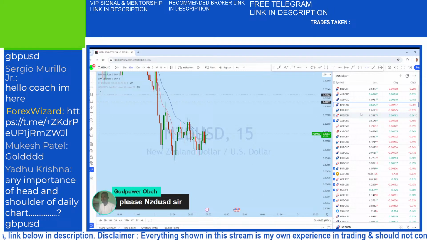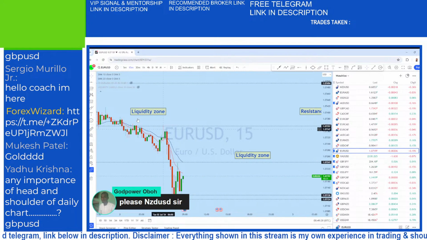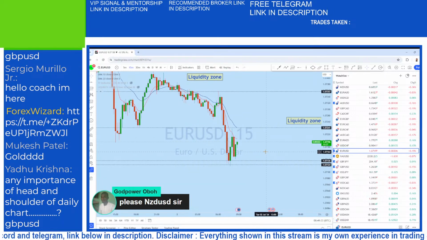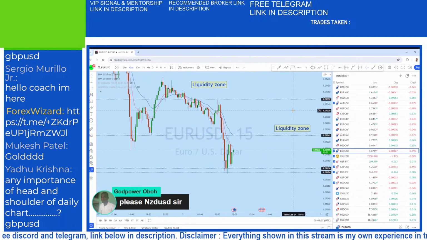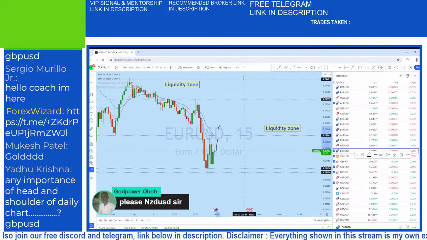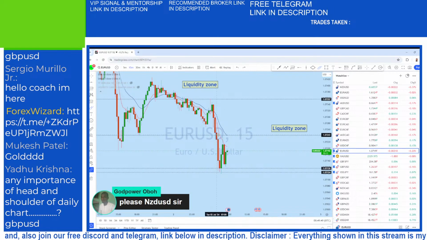Let's go back to euro dollar. NZD-USD and euro dollar are moving in a similar fashion. If you look at the euro USD, what can we expect here for the price to go, with the news coming up in just 10 minutes?